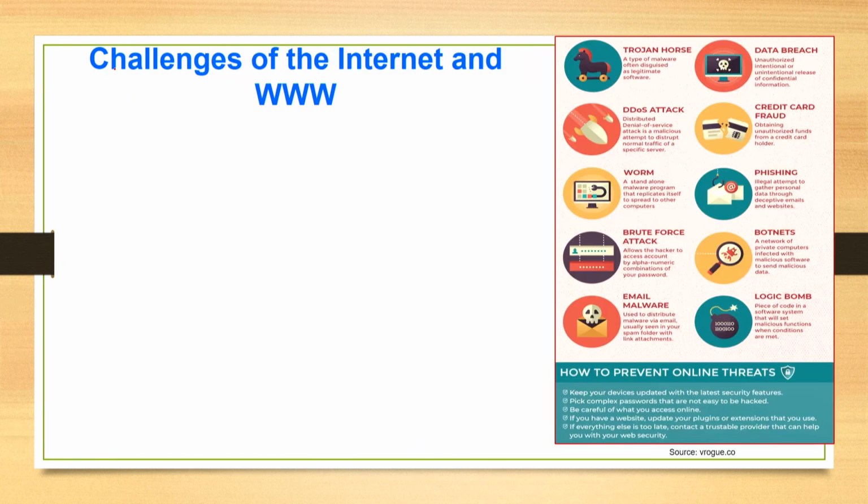There are challenges of the internet and World Wide Web. These challenges are common. Trojan horse is a type of malware, and it is going to harm your files. Data breach is unauthorized access to confidential information.